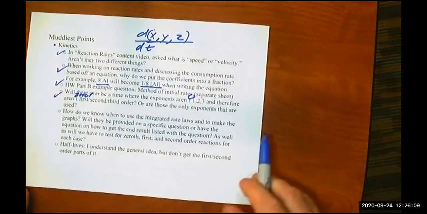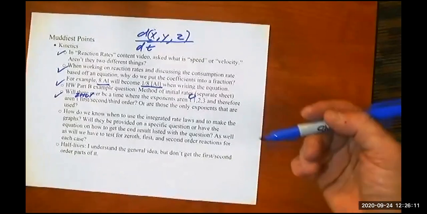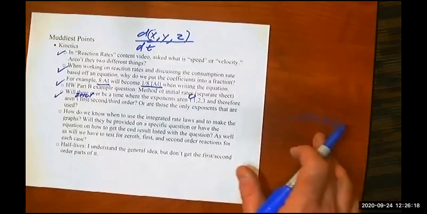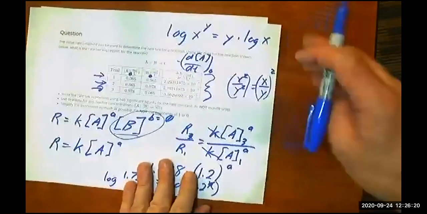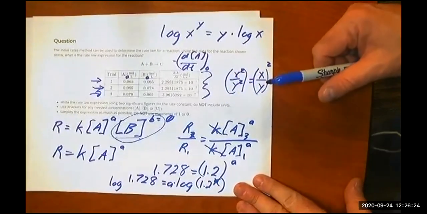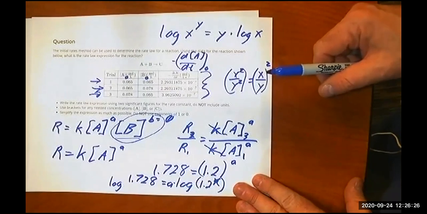So it is a question of what information you are given. If you are given a table like this, then it's pretty clearly expecting you to use the method of initial rates instead of integrated rate laws.